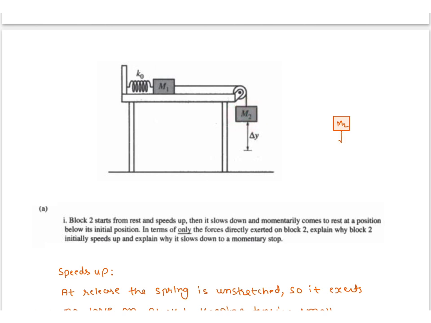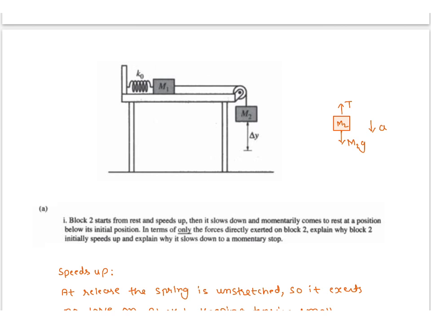One is gravitational force, which is M2G. Another is tension force. So initially, tension force is smaller and gravitational force is larger. So net force is acting on this block in downward direction. So it should be accelerated in downward direction.